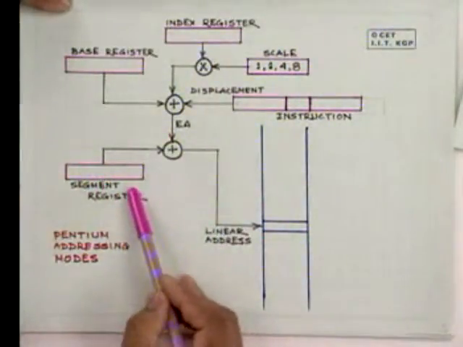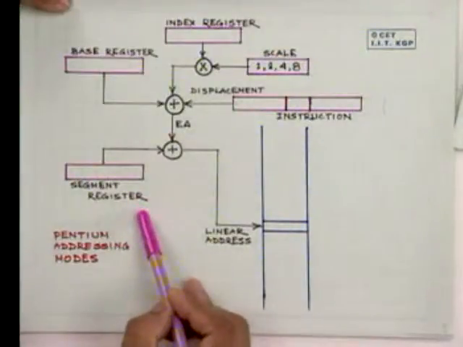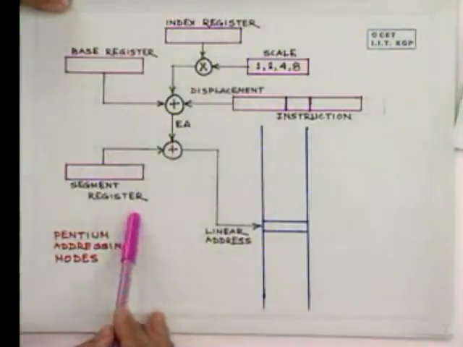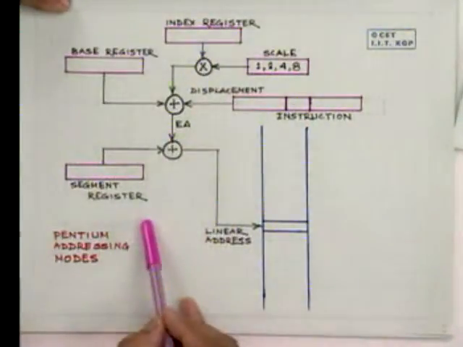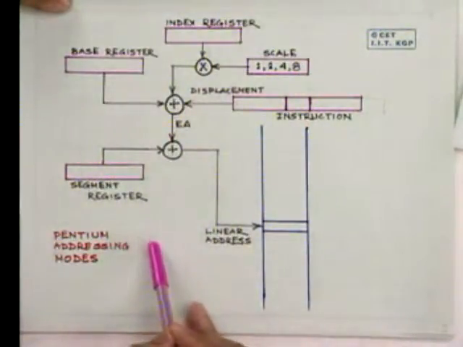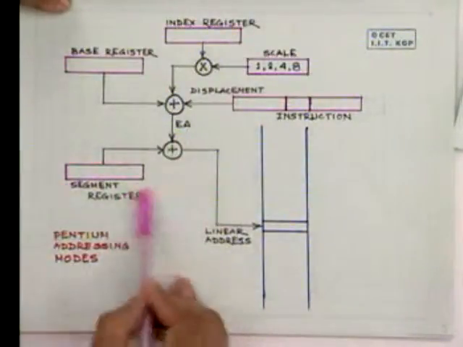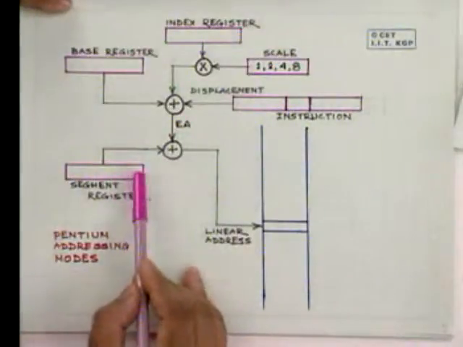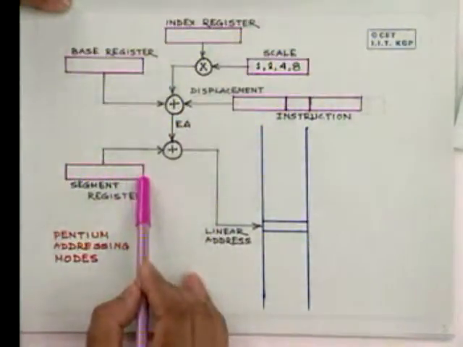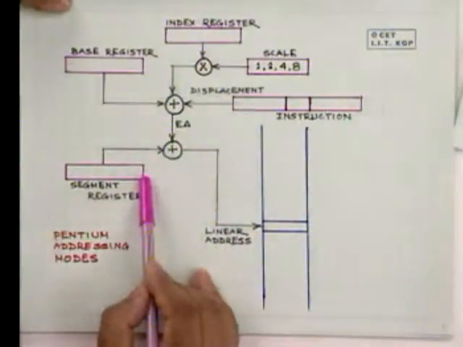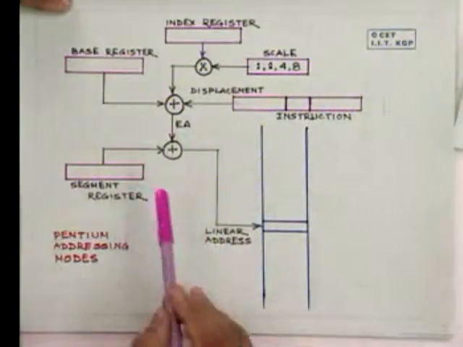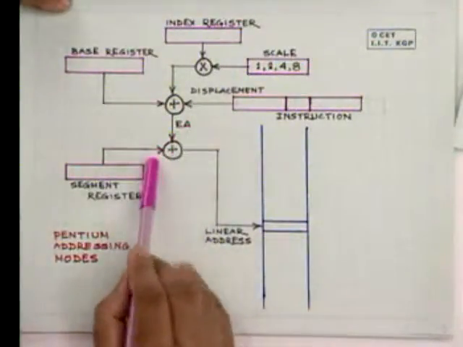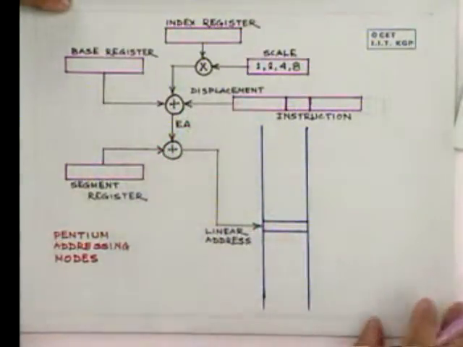The 6 segments are the code segment, data segment, extra segment, and so on. The segment registers point to a segment descriptor which contains the access rights and the limits of the segments. I have simplified this portion somewhat, because we'll be discussing some of these things when we talk about memory management later on. Now, the content of the segment register is added with that effective address to get the linear address.